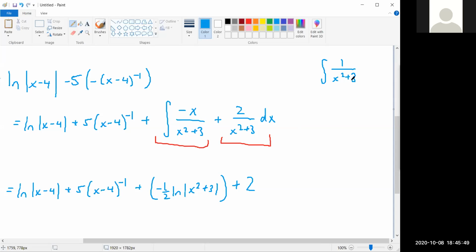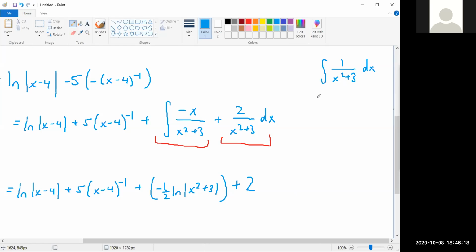What does this look like to you guys? It reminds me of the derivative of tan. Yeah, sure. So it's almost arctan, right? The only thing is that it's a 3 instead of a 1.